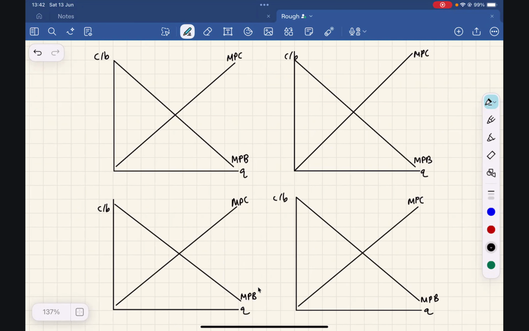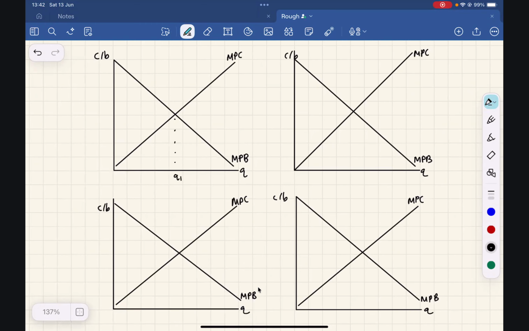Wherever the marginal private cost and the marginal private benefit intersect, that's the quantity Q1, meaning this is the equilibrium outcome in a free market.